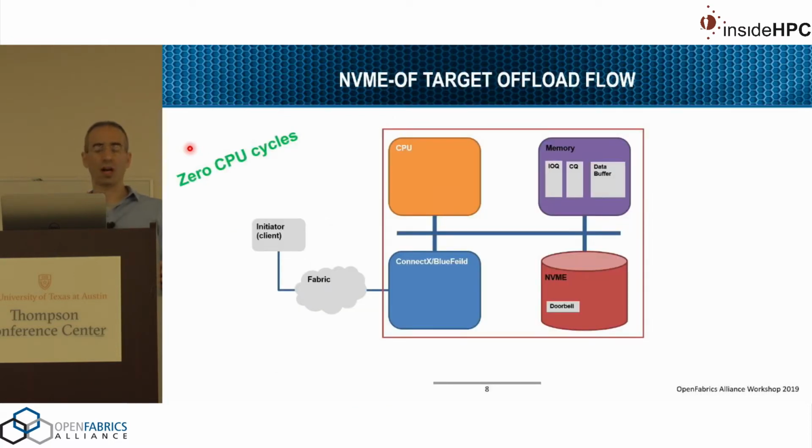Okay, so in a nutshell, how things work. If we look at this diagram, here we have the initiator. This is the fabric, the RDMA fabric. This is the NVMe Over Fabrics offload device. Again, it can be the ConnectX or Bluefield. This is the local CPU of the system.